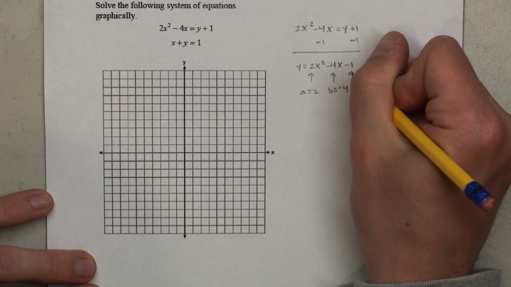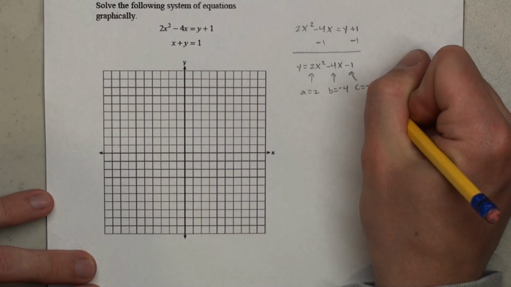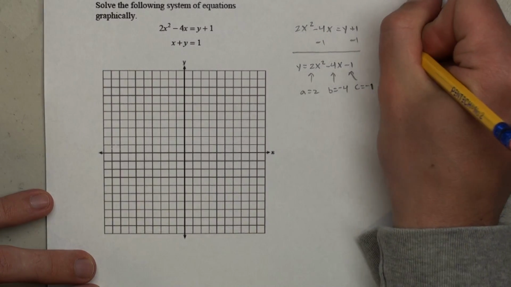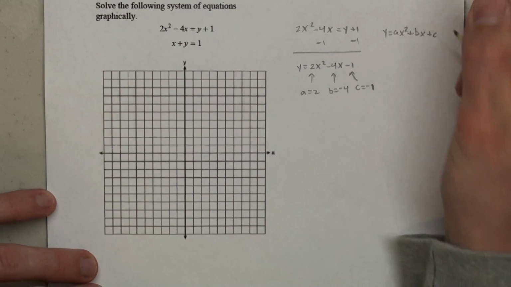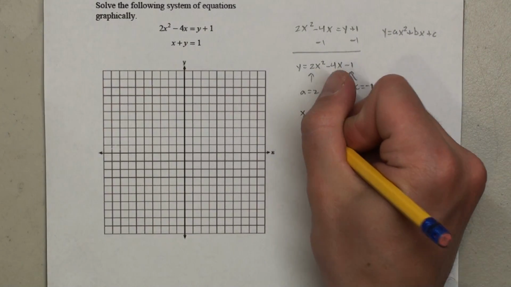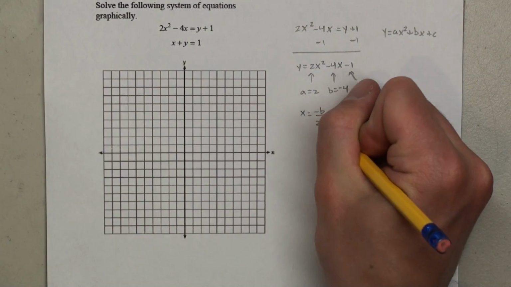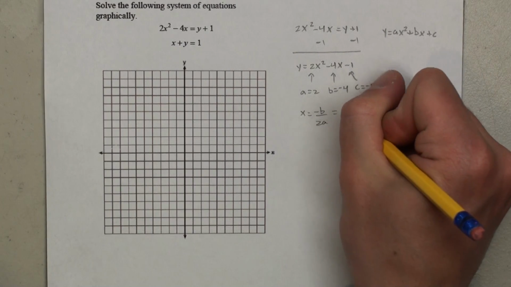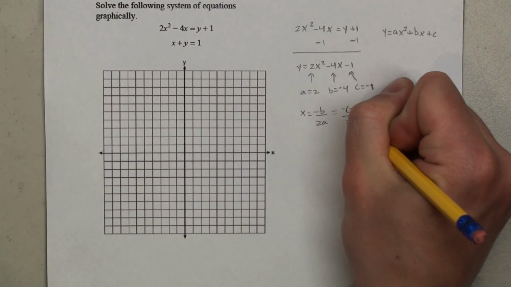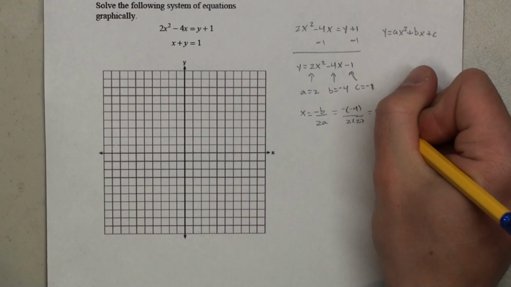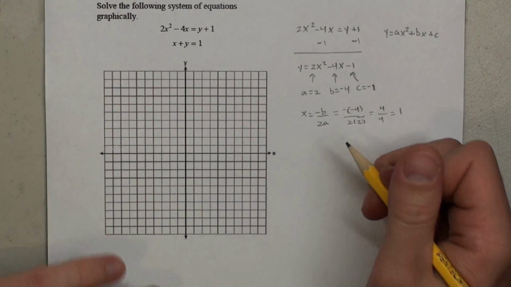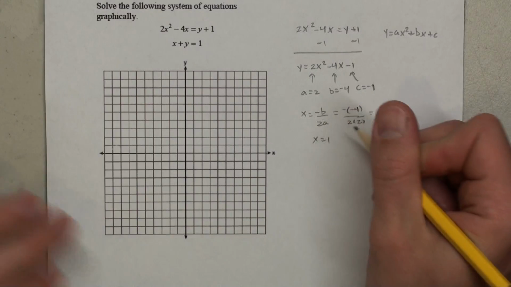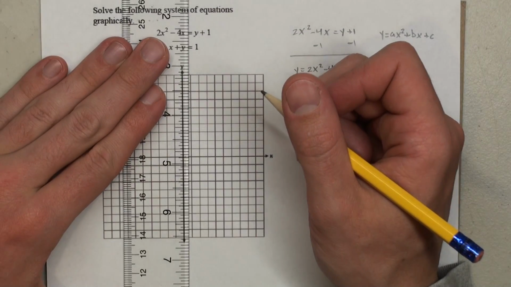B is negative 4. C is negative 1. Remember, y equals ax squared plus bx plus c. So now x equals negative b over 2a equals negative 4 over 2 times 2. That's 4 over 4. That's 1. So x equals 1 is the line of symmetry.